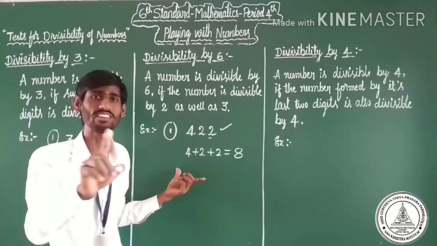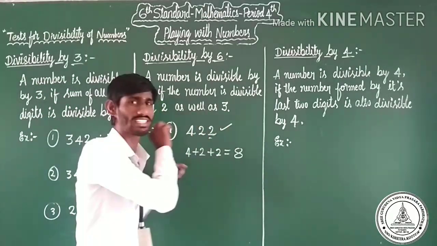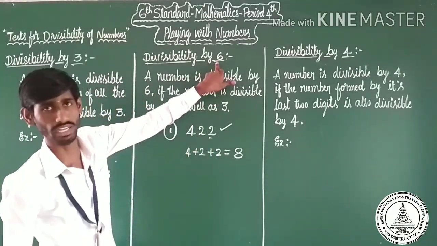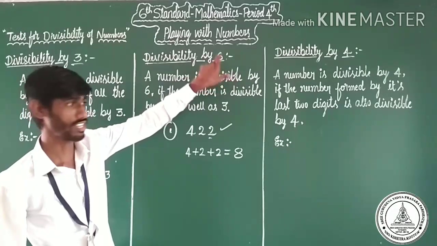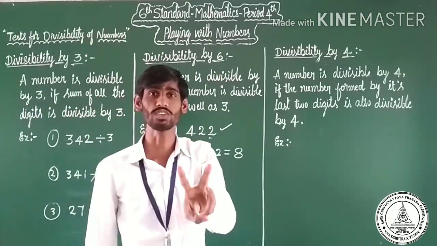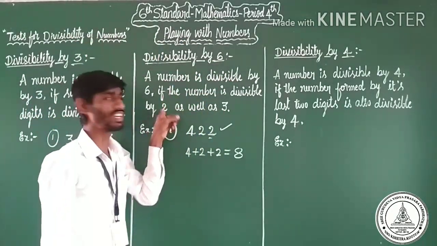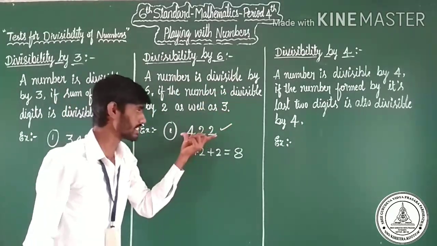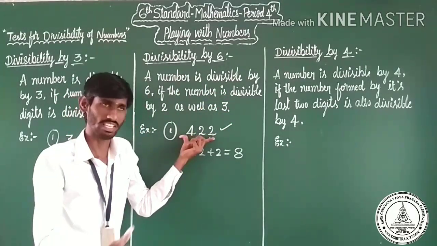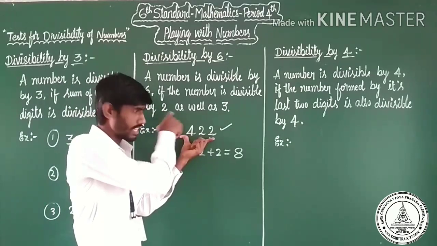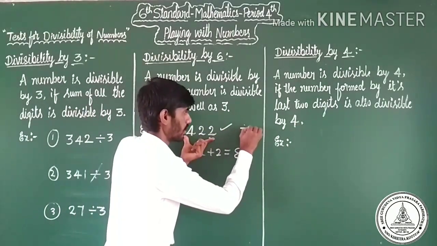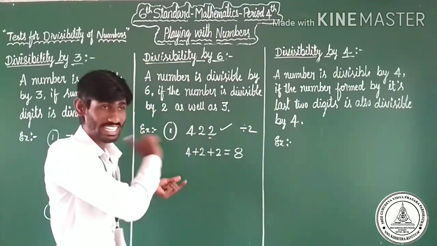So you may decide the whole number doesn't pass the divisibility by 6. What is the condition? It must pass two rules: divisibility by 2 and divisibility by 3. This given number passes the divisibility by 2 rule, so division by 2 is possible, but division by 3 is not possible.